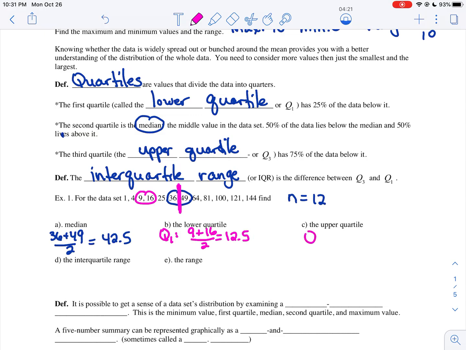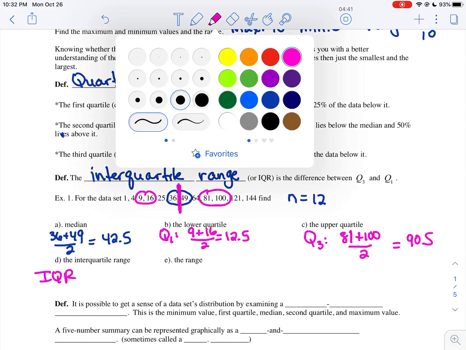The upper quartile, which is Q3, you're going to take the top half, let's count in, and it's going to be the average of 81 plus 100. So upper quartile, or quartile 3, is 90.5. Then the interquartile range, so let's pick a different color.